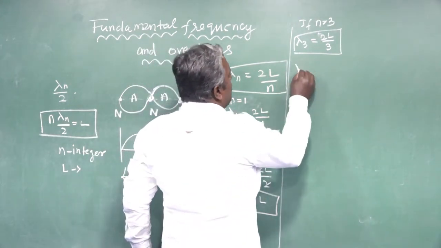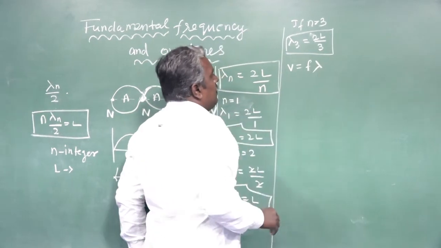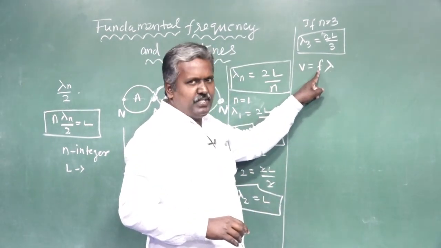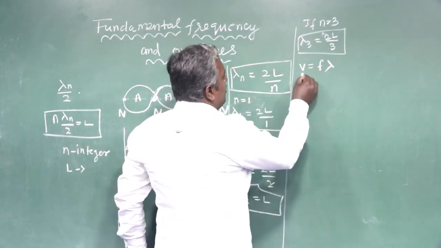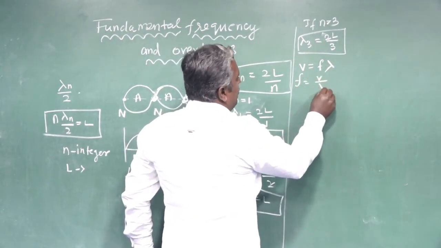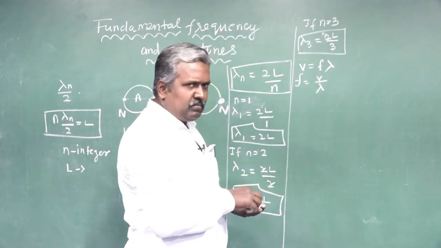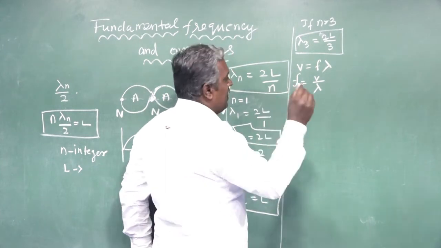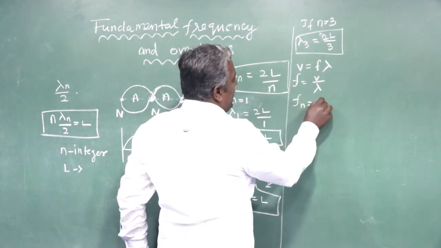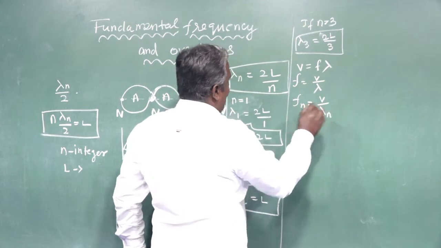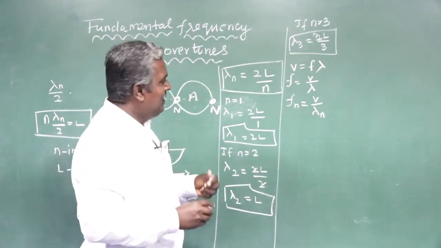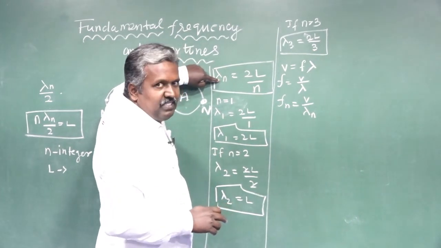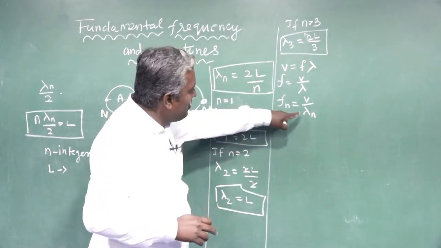What is the basic formula? V is equal to f lambda, no? f means the frequency. So f is equal to V by lambda. Or in terms of n, n means integer, therefore f n is equal to V by lambda. Using the lambda n value already calculated in this box, directly substitute in this formula.